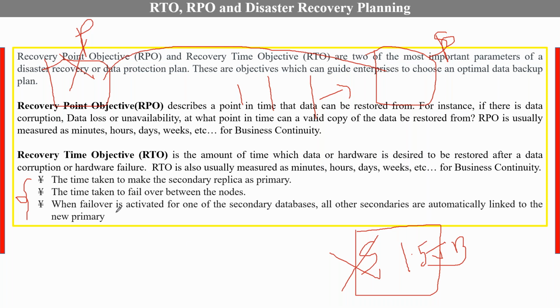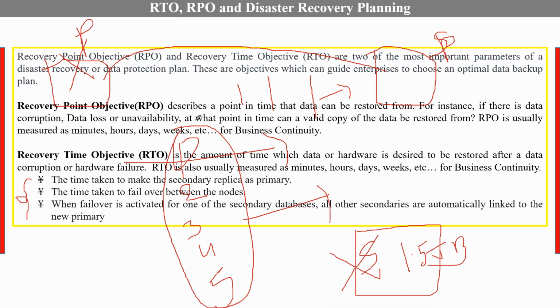So see, assume I'm having 5 databases: one, two, three, four, 5 databases. Something happened to this database and it initiated the failover. So it will initiate all the databases failover in one shot. If something happened to any one of these databases, it will initiate all the databases to failover.